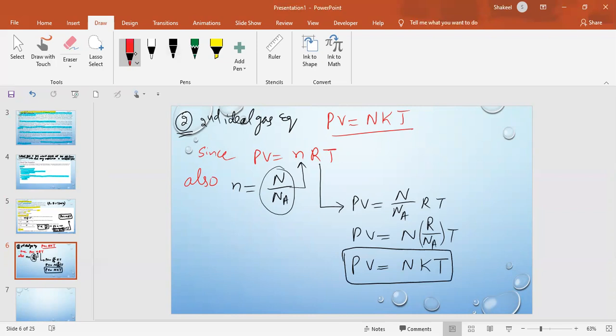That's how you derive it, where k is the Boltzmann constant. It is a constant with a fixed value, and its value is usually given in the data booklet. So this is the second equation.